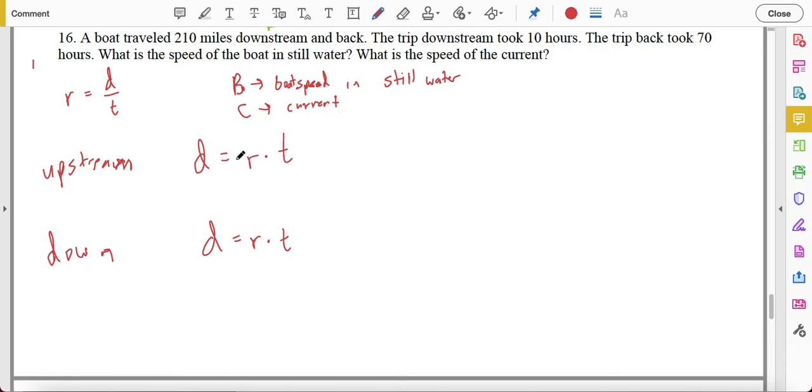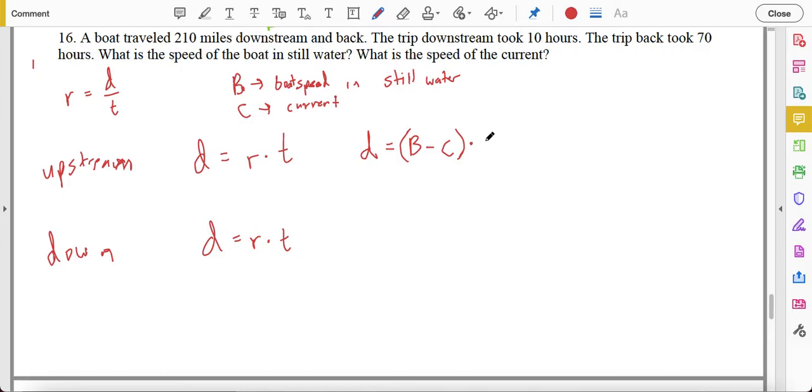And we're going to call C the current, the rate at which the water is moving. So we've got rate upstream. Upstream means you're going against the current. So the distance is going to equal the rate, which is the boat speed in still water minus the current, times the time that it takes to get upstream.